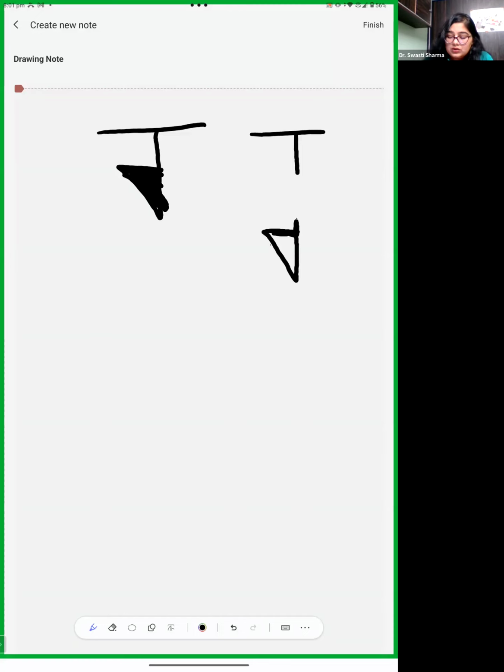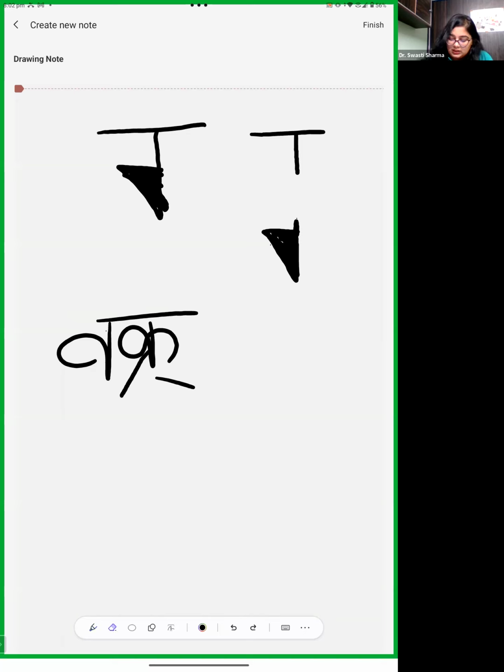So in Devanagari, as we see, Vakra and Arka. This is Vakra and this is Arka. Okay, we can see here.